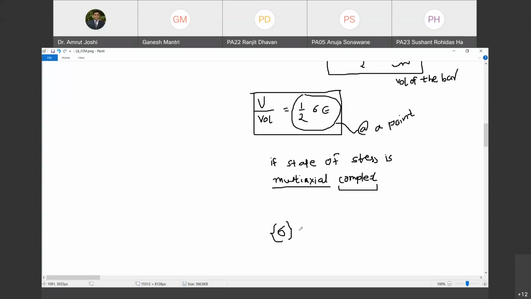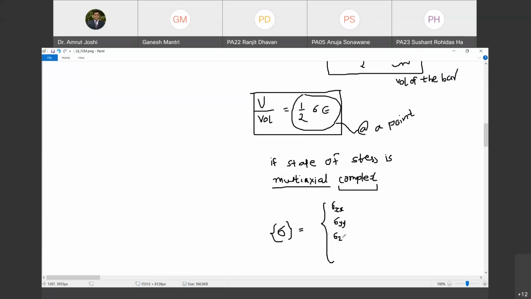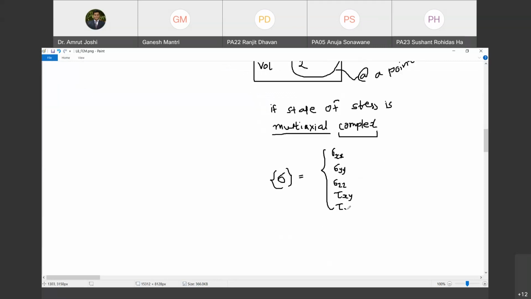So you have sigma xx, then sigma yy, then sigma zz, then tau xy. Now let us follow a certain sequence: tau xy, then tau xz, then tau yz.